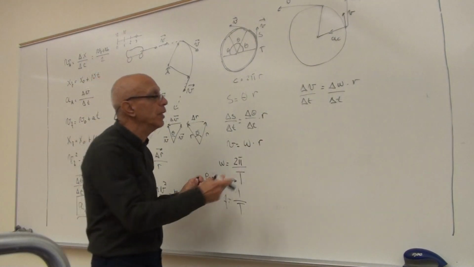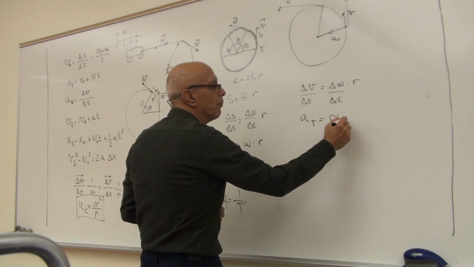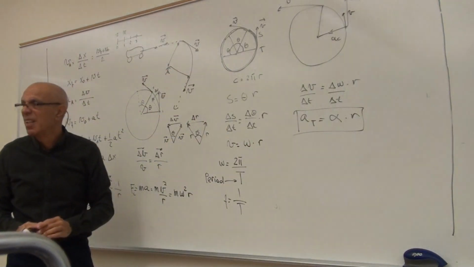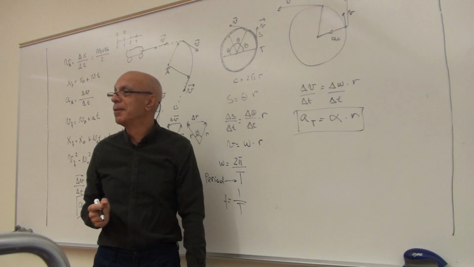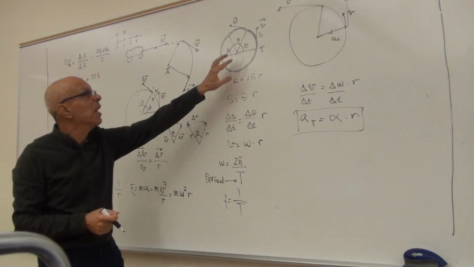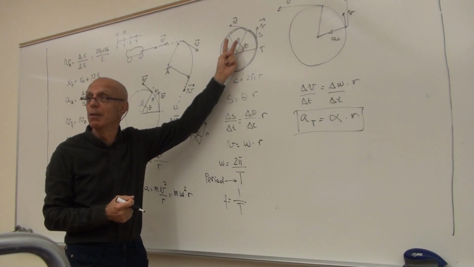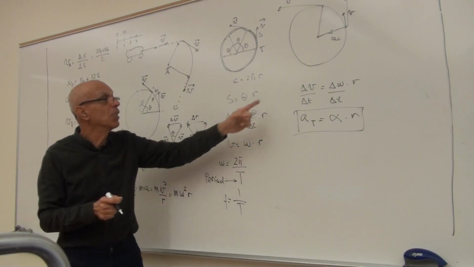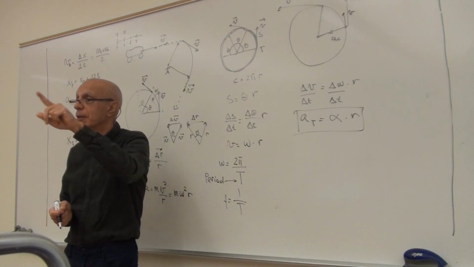So this is going to be a_t, the tangential acceleration, equal to alpha R. Alpha is the angular acceleration. Remember, in uniform motion this angle is not changing, so there is no angular acceleration. Omega is constant, the rotation is constant.